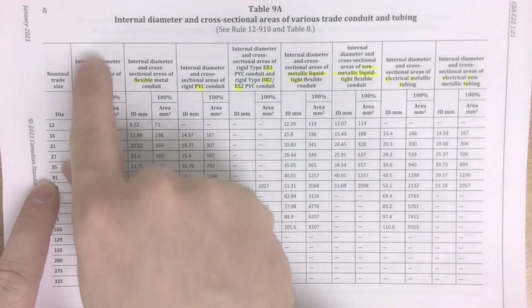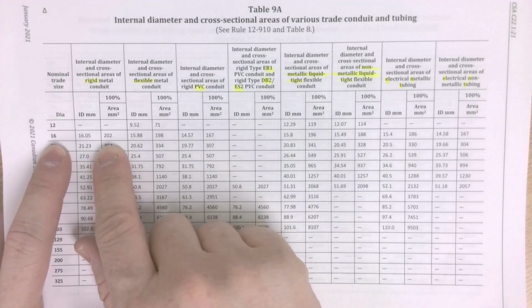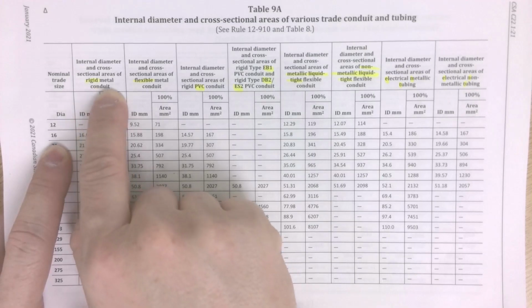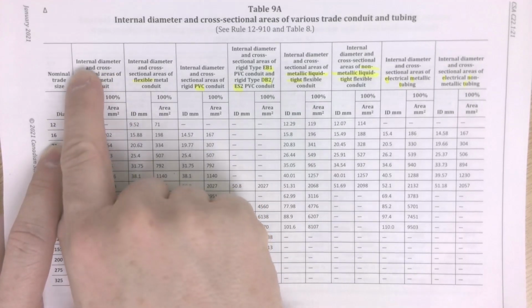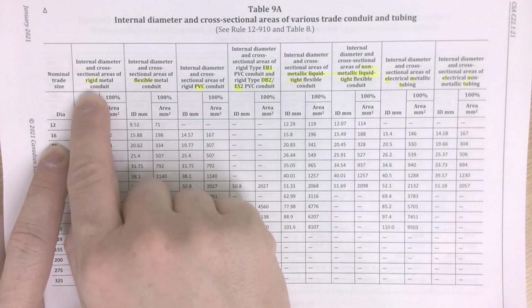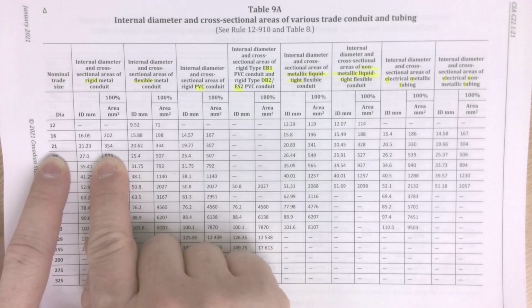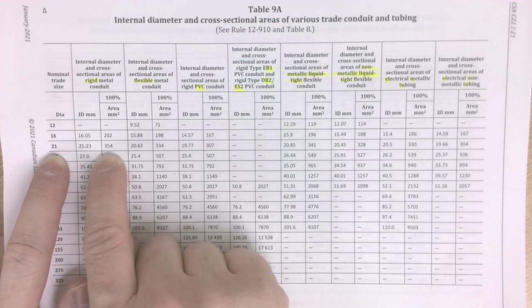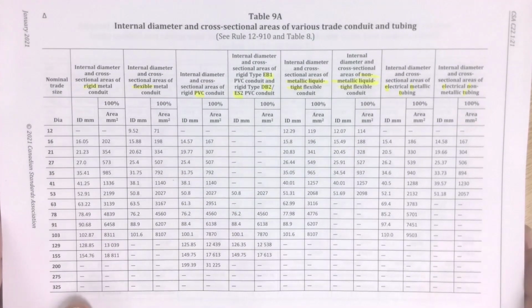Or for this column, it's giving us 100% of the area of rigid metal conduit, the internal diameter and cross-sectional areas, the internal area of rigid metal conduit at 100%, when its trade size conduit 21 is 354 millimeters squared. Okay, so table 8 gave us a percentage fill.